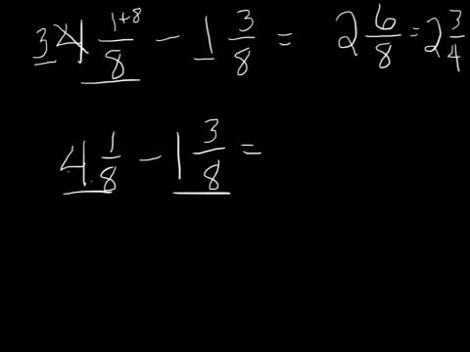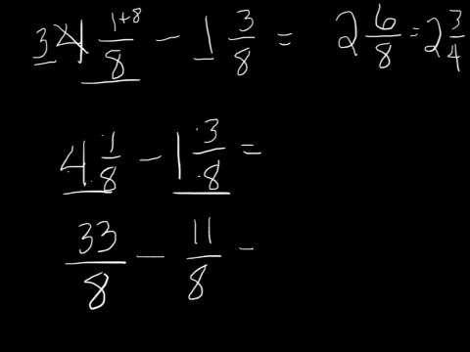That same problem, but converting both of these fractions into improper fractions. 4 times 8 is 32, plus 1 is 33. So this converts to 33/8. Over here, 1 times 8 is 8, plus 3 is 11. 11/8. Now I don't have any whole numbers at all to deal with, but I have bigger numerators. 33 minus 11, 22/8.